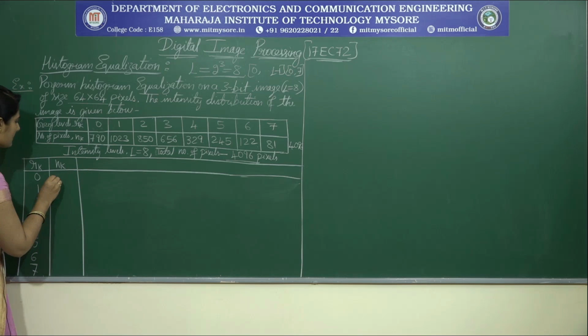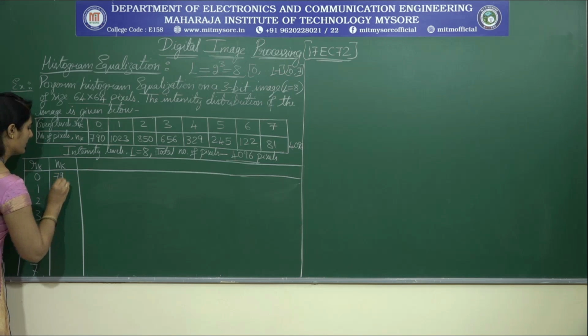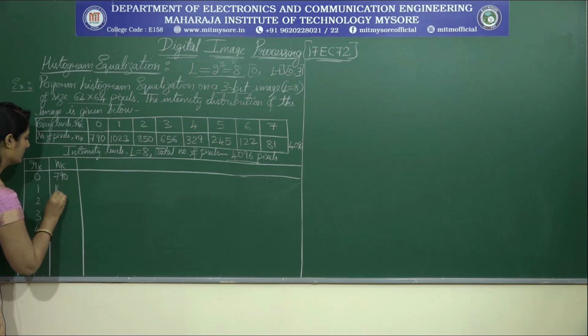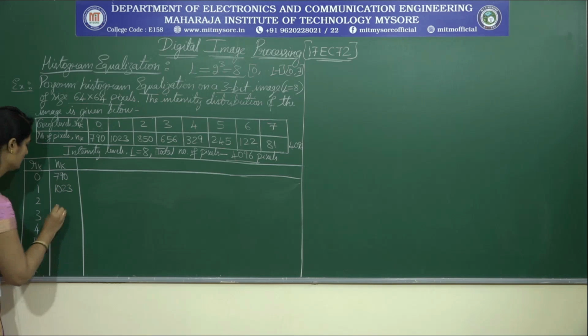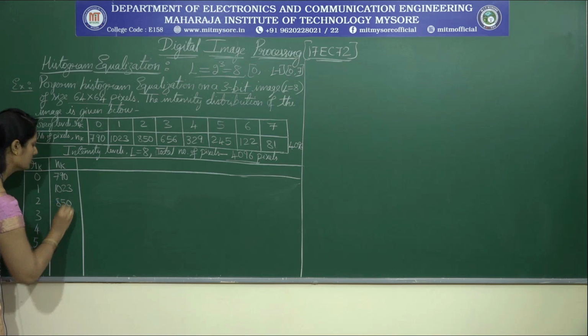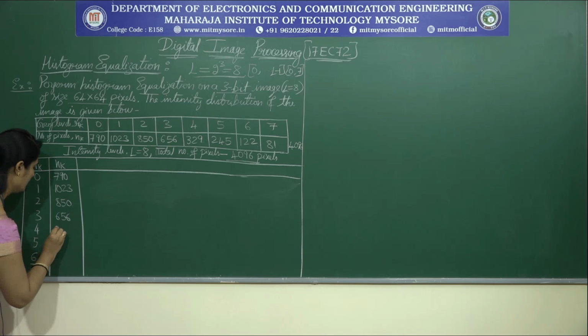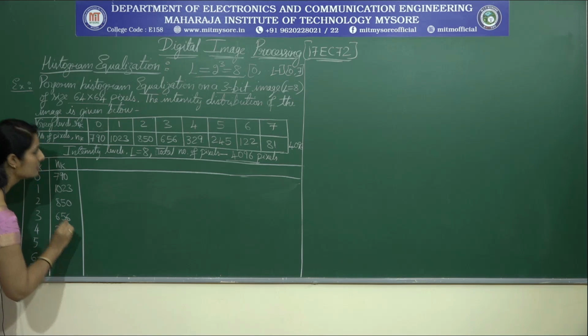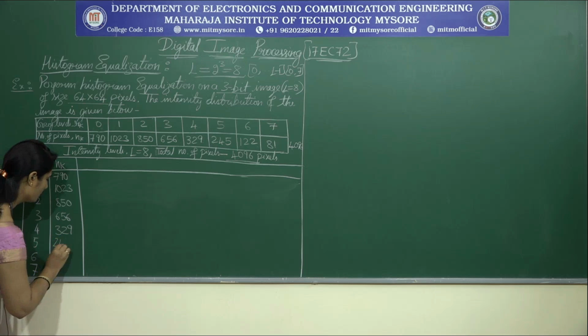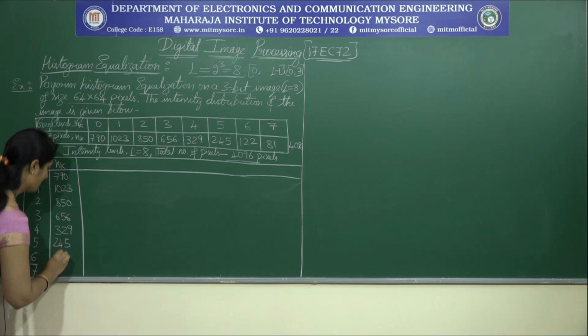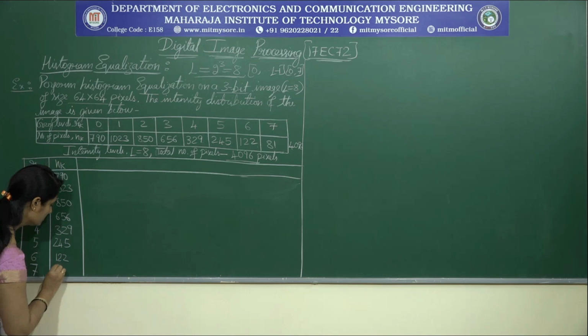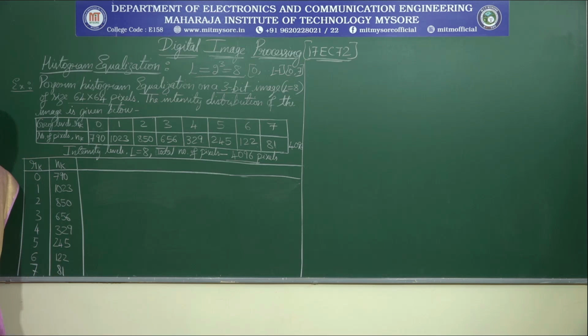And the number of pixels is 790, 1023, 850, 656, 329, 245, 122, 81. So this is the intensity distribution of the given image.